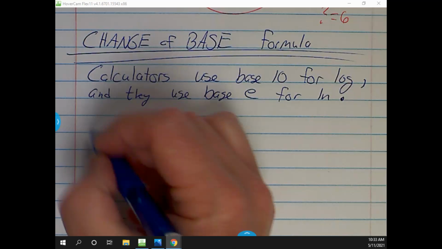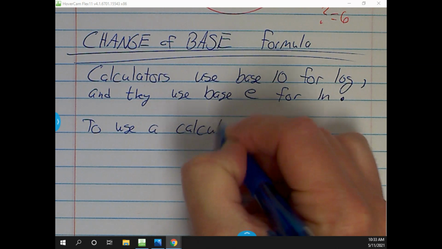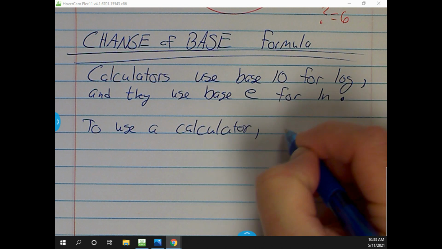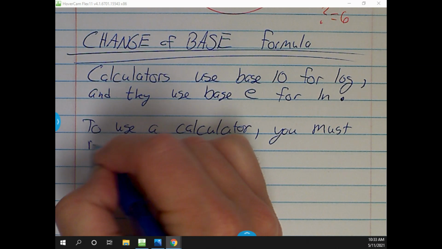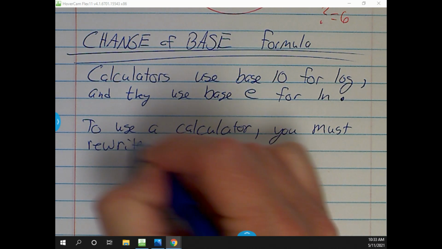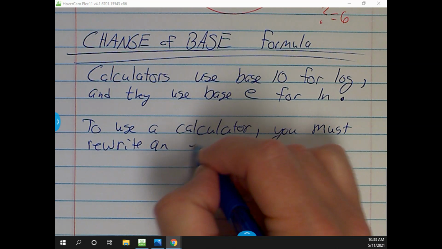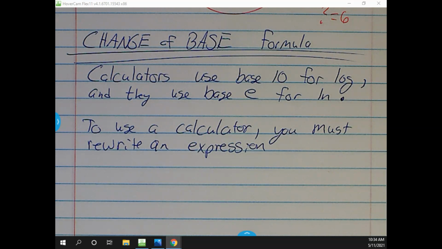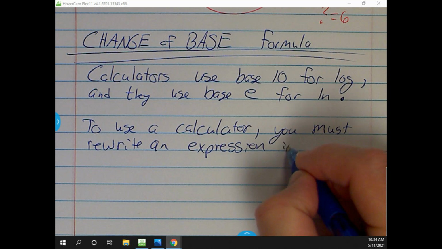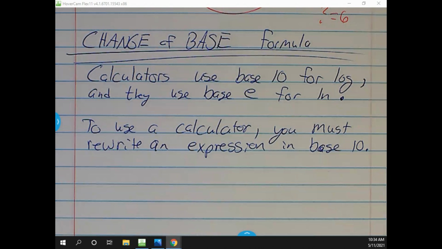Okay, so to use a calculator, you must rewrite an expression, or whatever we want to call it here, in base 10. And here's where we get to use the formula.